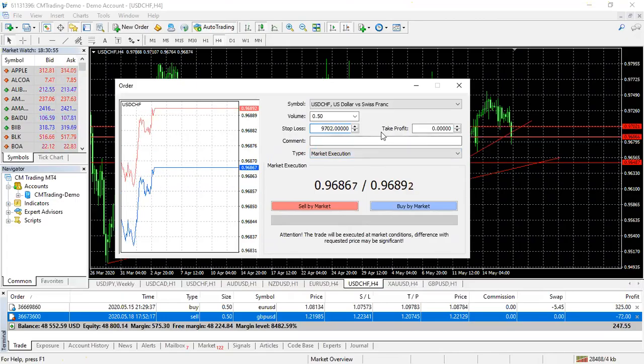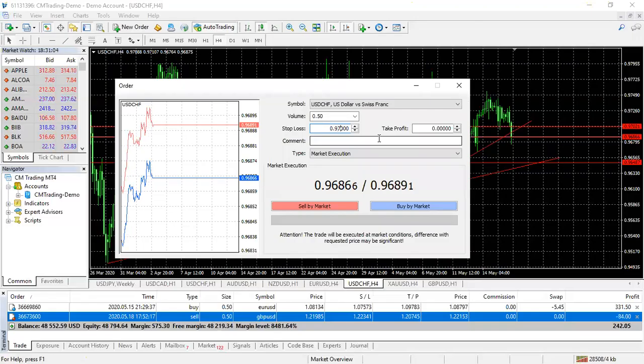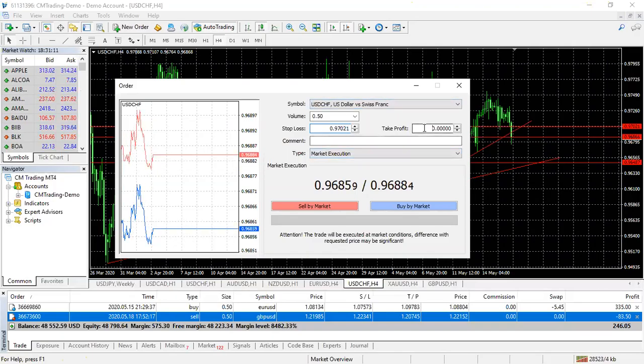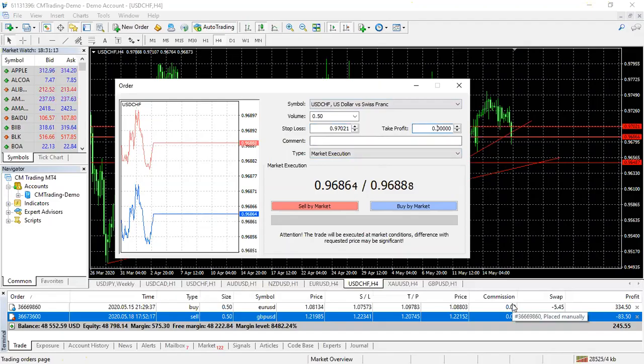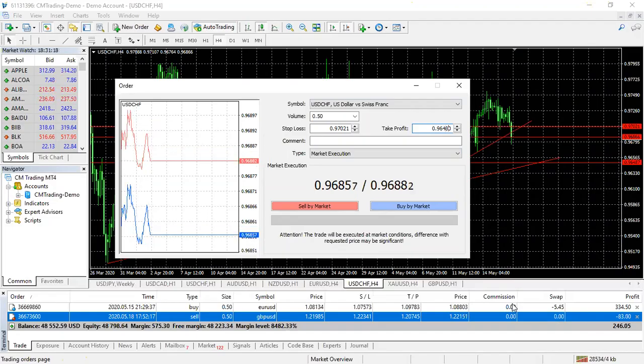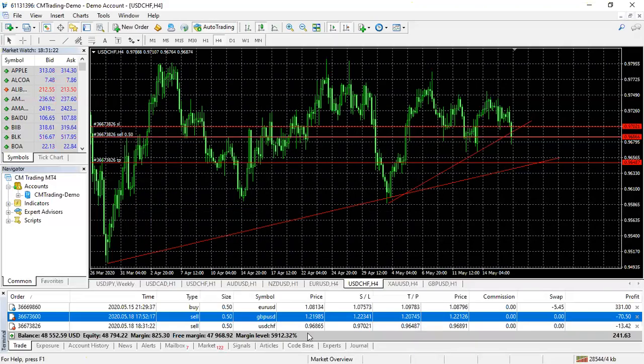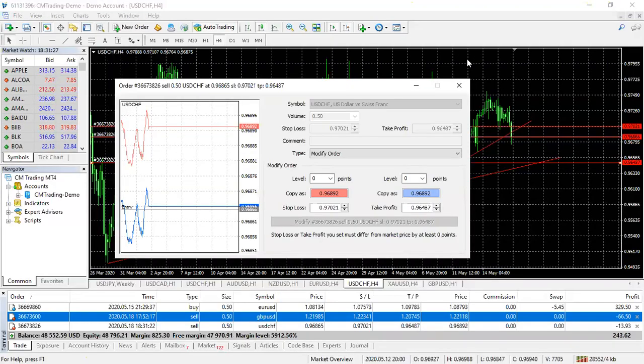Okay, come on. 0.97021. Okay, then take profit yetu tumesema tutaweka at 0.96487. Okay, then tunataka kusell by market, so you have it ndio hiyo, but okay, sorry about this.